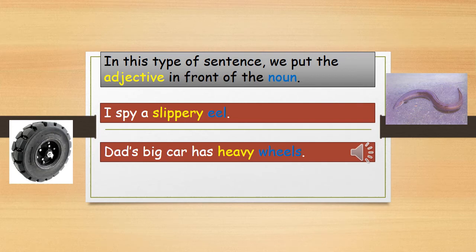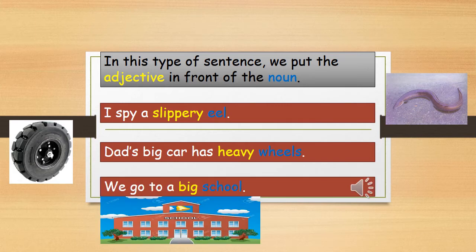In one of our previous books, we read, Dad's big car has heavy wheels. Again, the adjective heavy and the noun wheels. We can see they always go together. Adjective first, noun second. Very easy sentences, right, boys and girls?